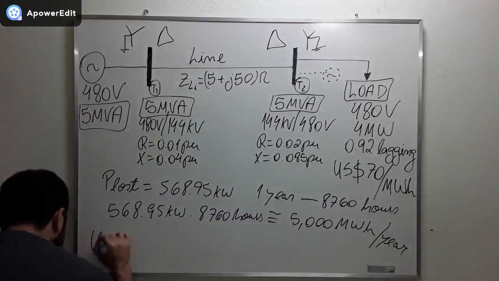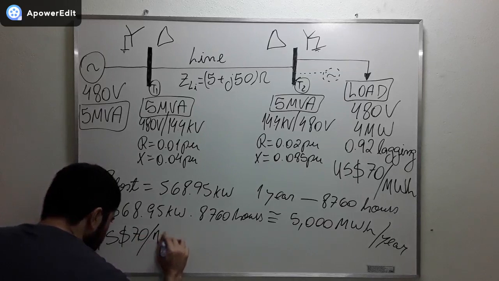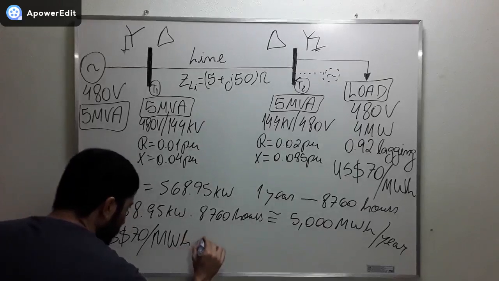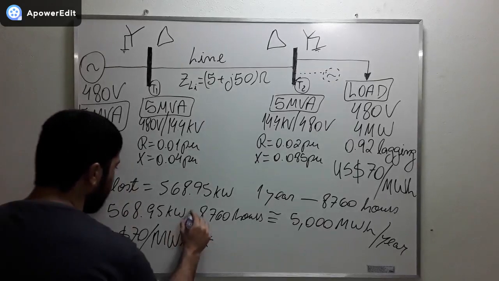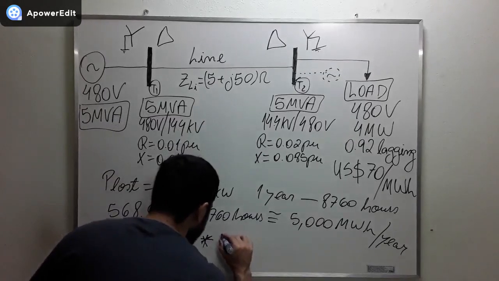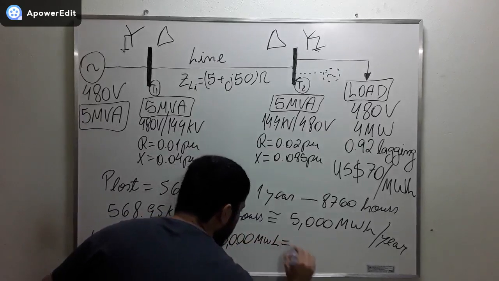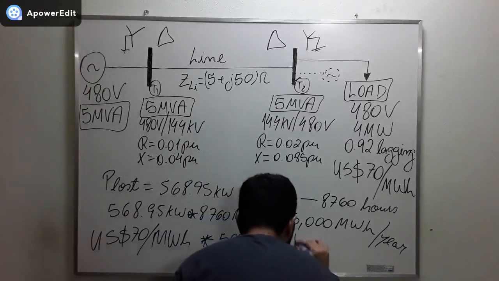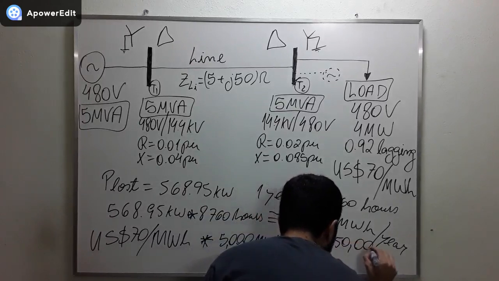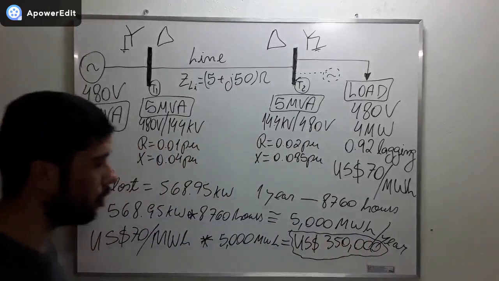If we multiply the amount of money that we could pay or could receive by the energy lost, we get the number $350,000.